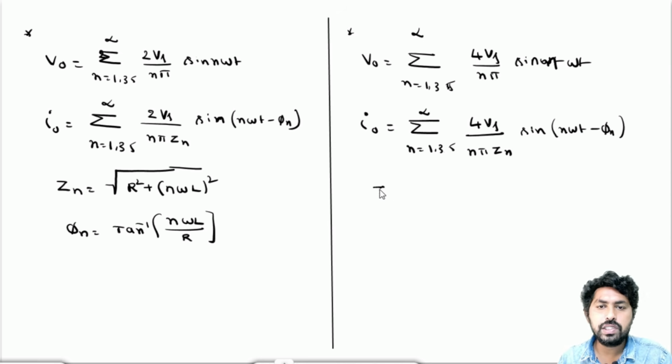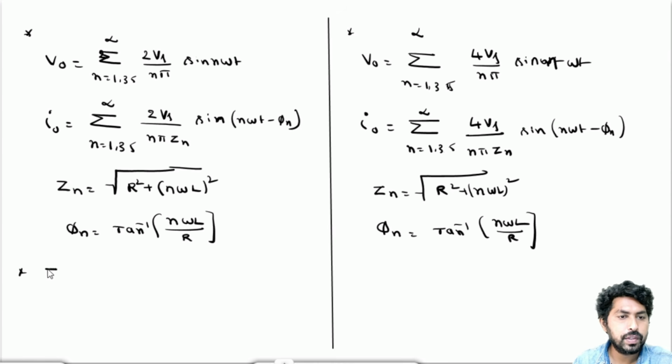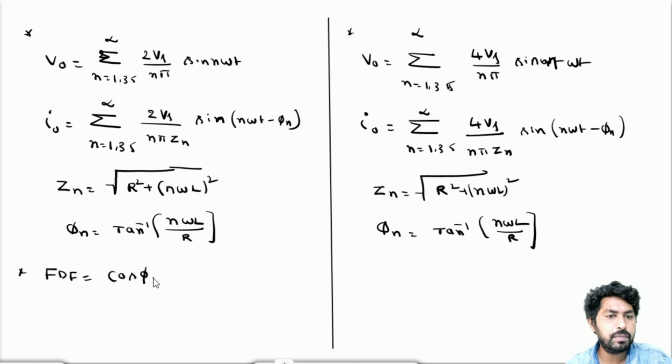Here also Zn is the same, equal to the square root of R squared plus (nωL) whole squared, and φn would be tan inverse of nωL divided by R. So the fundamental displacement factor would be the same, that is cos φ1, where we need to substitute Z1 equal to the square root of R squared plus (ωL) squared.